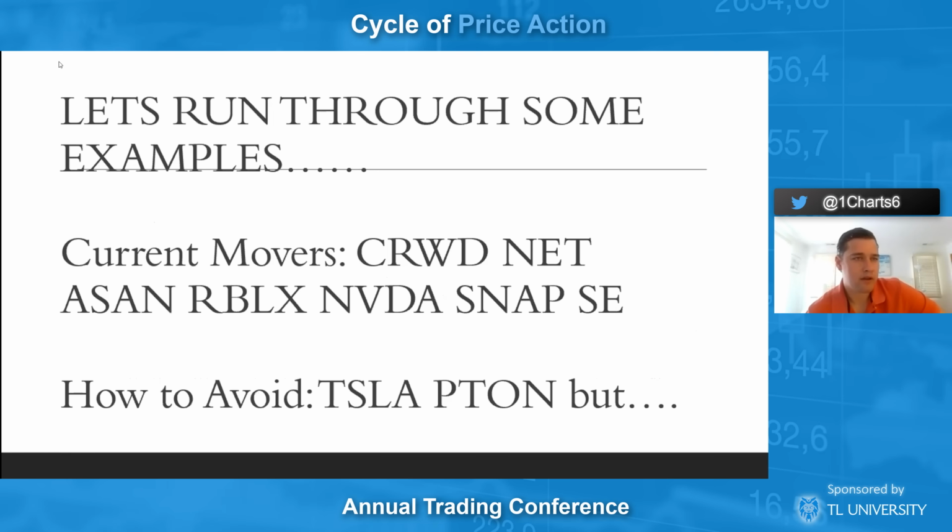All right. So what I'm going to do now is look at some of the recent stocks I've been trading and talk about what I was seeing, because I think it's easier to look through things and talk through it rather than just a model on the screen. So I'm going to look at CrowdStrike, Asana, Roblox, NVIDIA, Snap, and SE.